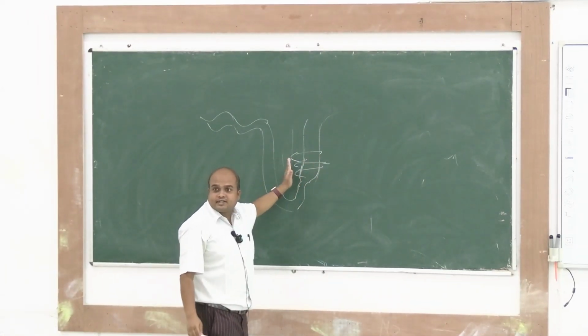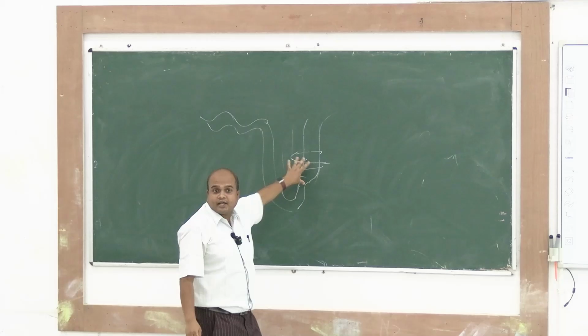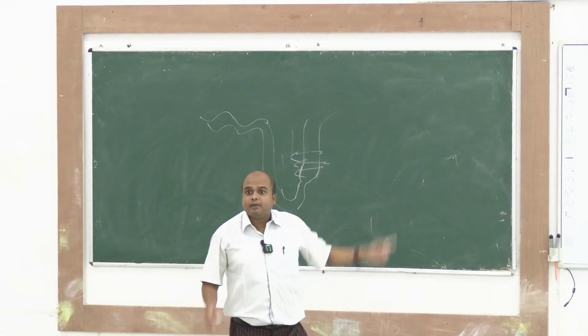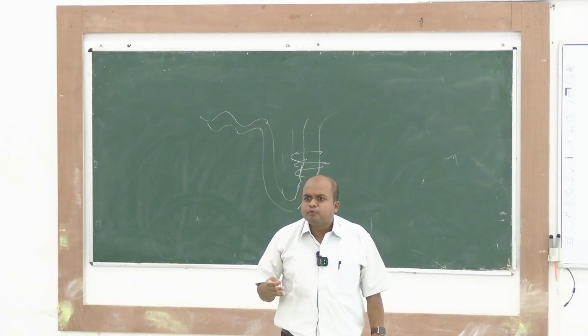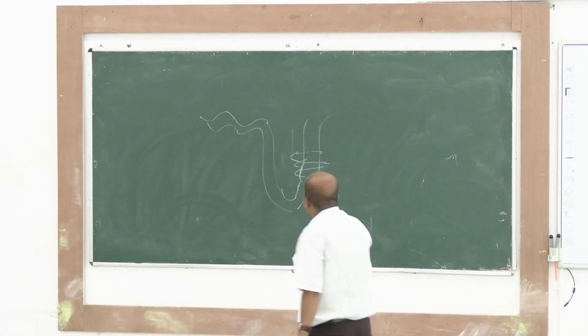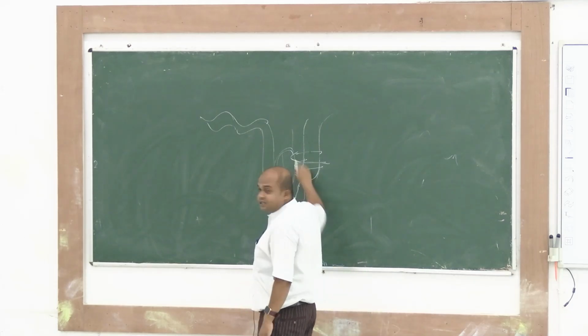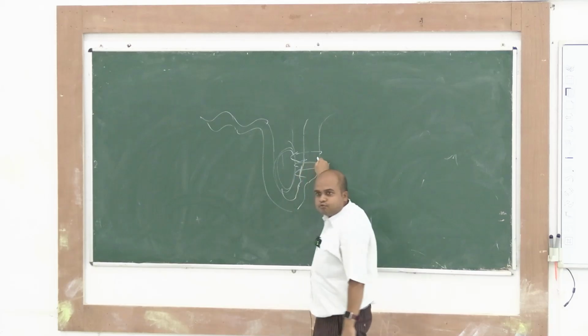But if NaCl is reabsorbed in the thick part of the ascending limb, osmolarity will increase in the interstitial space, and inside the tubule it will go down.